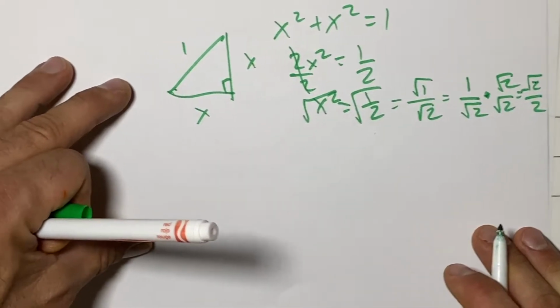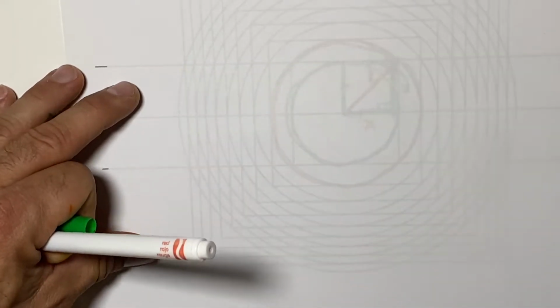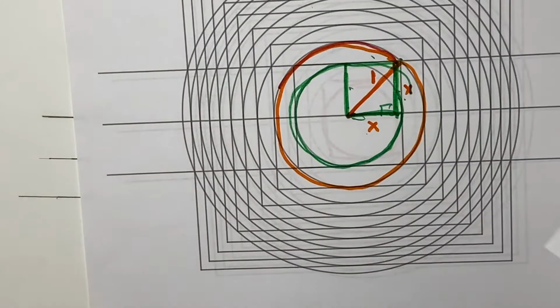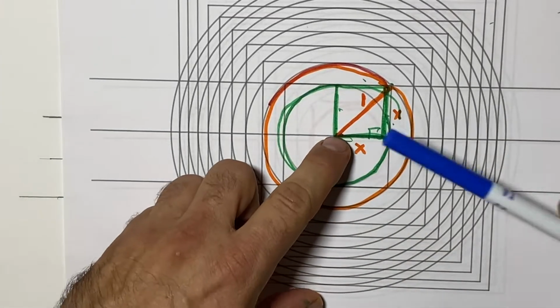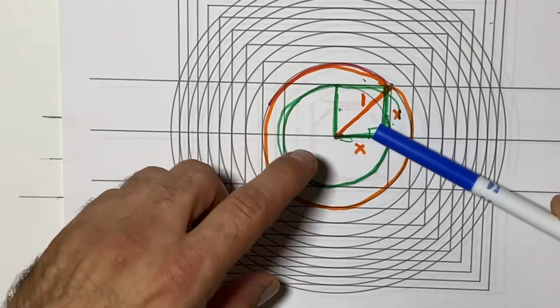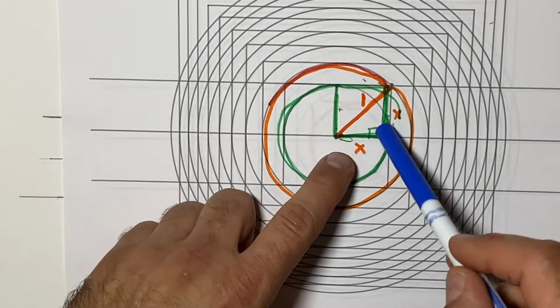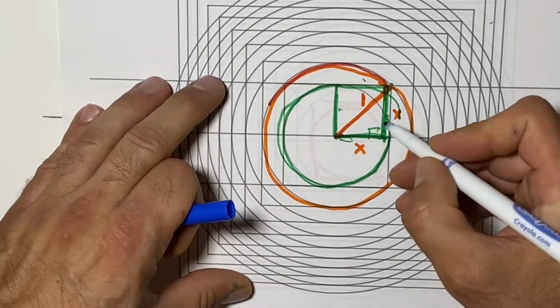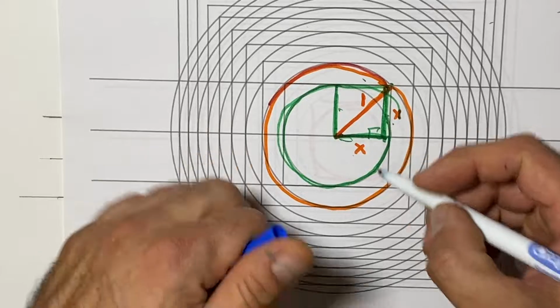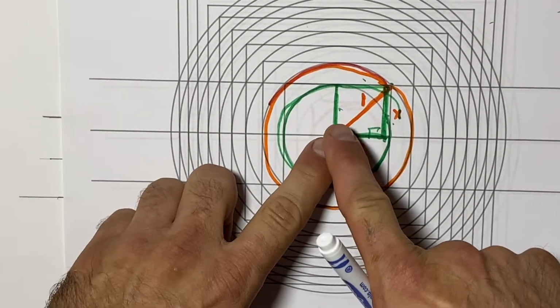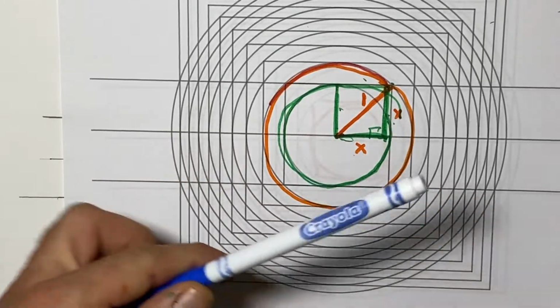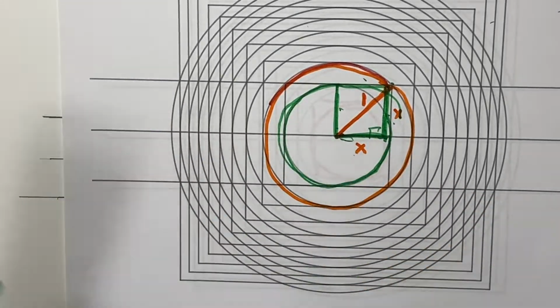So then if we go inward one more time, we're going to continue the same pattern where now we know that the new radius is going to be radical 2 over 2, but we're going to be missing the sides again. For example, this new green circle, let me express it over here.